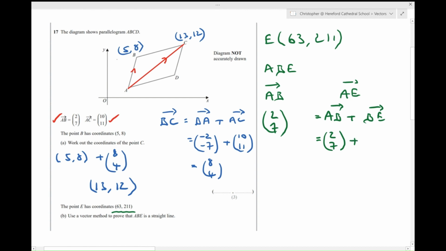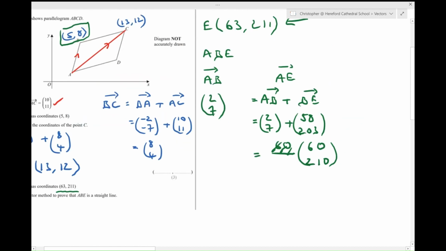Well, B is the point (5, 8), and E is this point. So to go from B to E, I'm going to have to move from an x coordinate of 5 to an x coordinate of 63. That's a horizontal movement of 58. And a vertical movement from 8 to 211 means a vertical movement of 203. So the overall vector there is (60, 210).